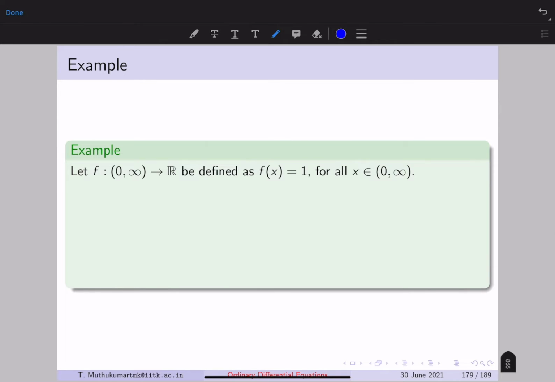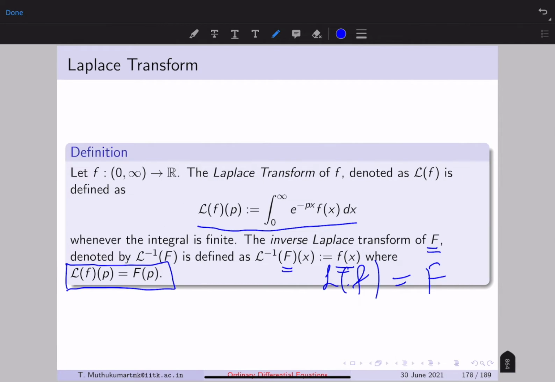Anyway, now let's look at some simple examples. Let's take the constant function 1. So far, if you notice, the Laplace transform we have defined is for functions defined on the positive real line. When we motivated it, since this was a generalization of the power series, we went from n equals 0 to infinity to the continuous version, 0 to infinity.